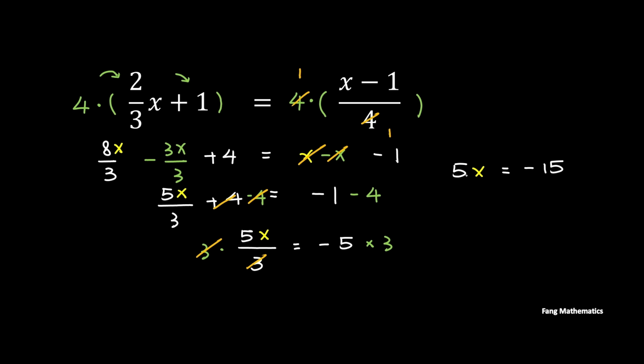And now, the last step, we are to divide both sides by 5 to remove the 5. On the left, 5 and 5 eliminates, leaving you x. And on the right, I believe minus 15 divided by 5 should give you minus 3.